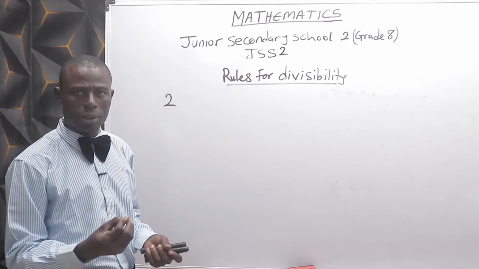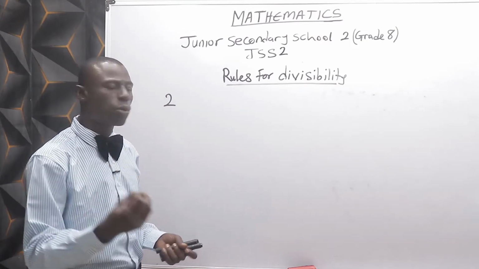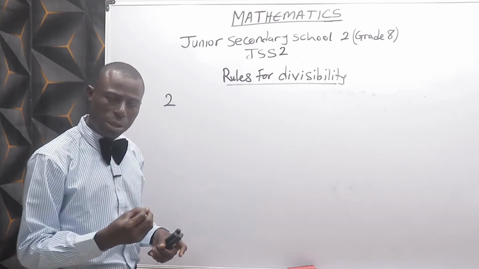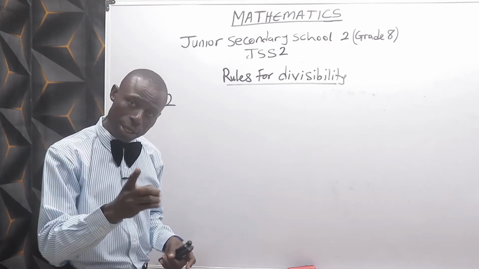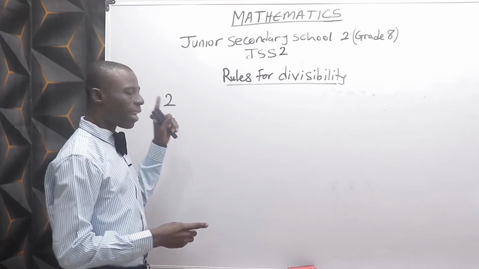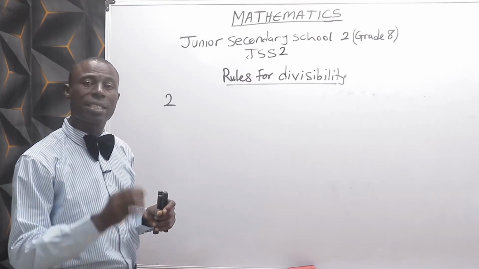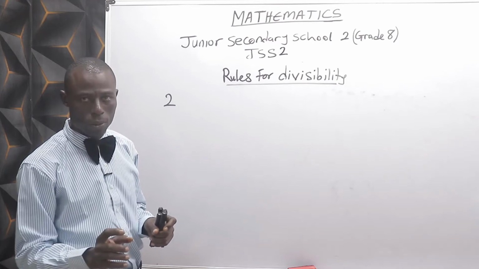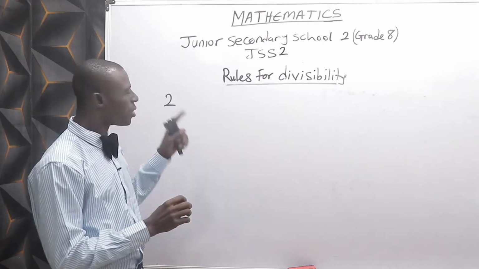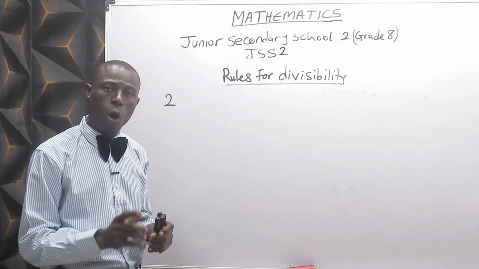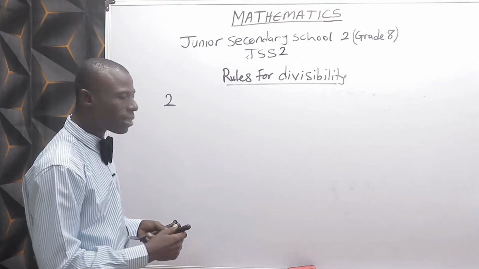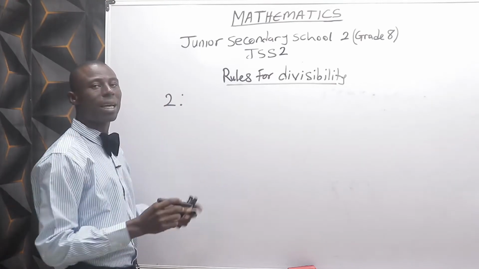Any whole number is exactly divisible by 2 if and only if the last digit of the number is even or 0. In that case, the number will be divisible by 2.